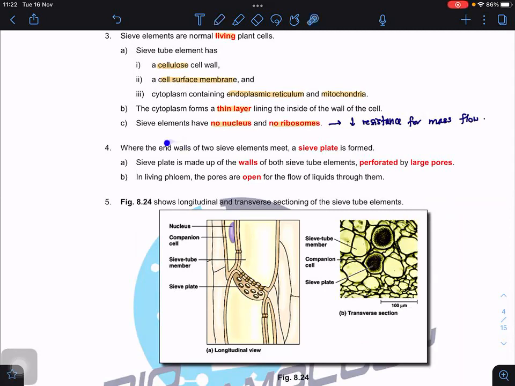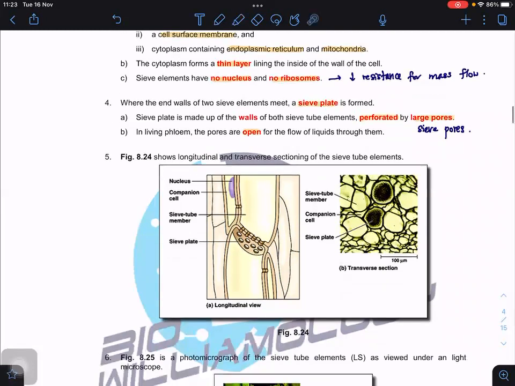Therefore, where the end walls of two sieve tube elements meet, the sieve plate is formed. This wall is perforated by large pores known as sieve pores. They are open pores for the flow of liquid through them. You can see the pores in this diagram.